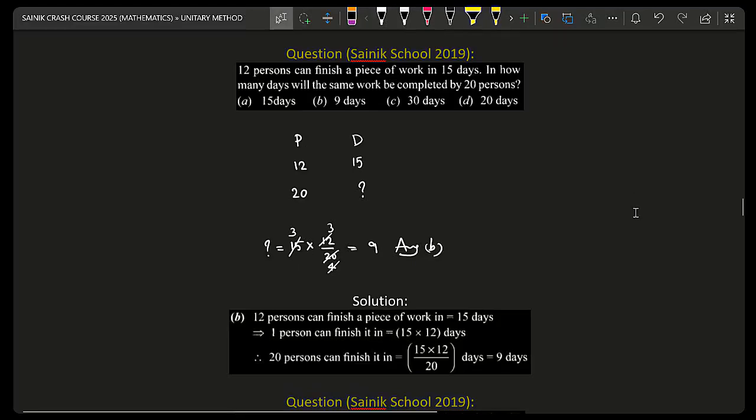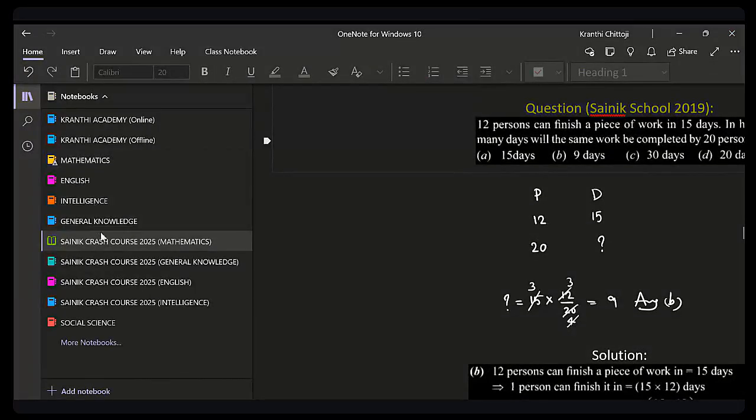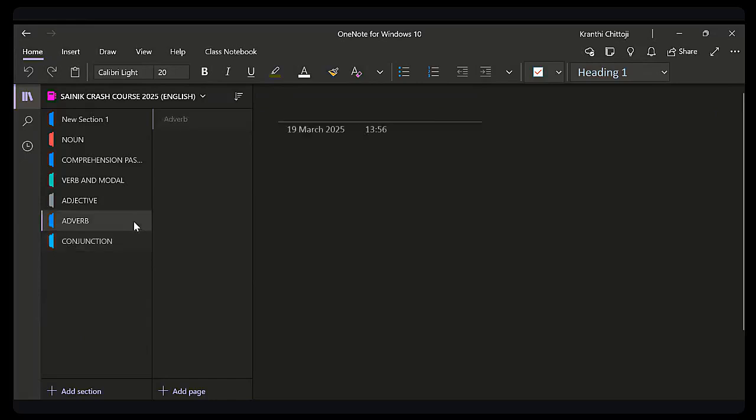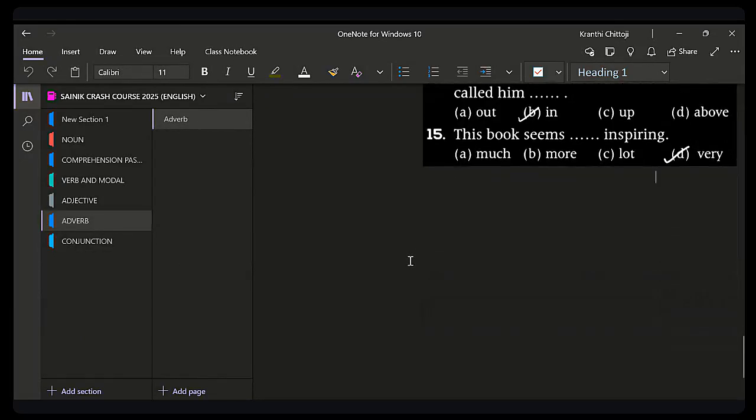So we'll start English now. So English, I think last class we were discussing adverb or adjective. Yeah, I think adverb. Adverb 15 questions we have completed and we'll continue from there. So from 16th onwards, students who are interested to answer from the 16th question can raise a hand now.